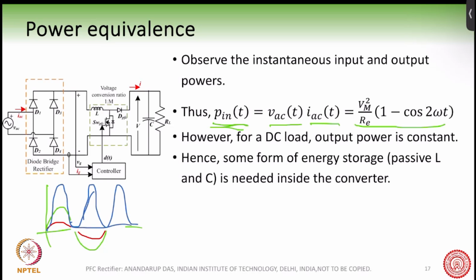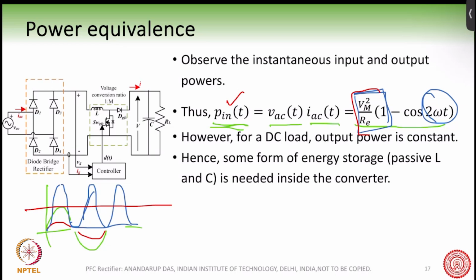It oscillates at twice the frequency. So the input power has an average value, which is Vm squared by 2RE. This is constant, but the input power also has a fluctuating component, which means the input power is not constant.